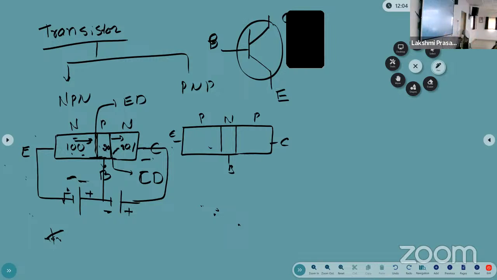Now, how is the current flowing in the transistor? From which region to which region is the current flowing? Emitter to collector. Now what is the direction? Current direction? Emitter నుంచి base aa, base to emitter aa? Emitter to base is the electron direction.